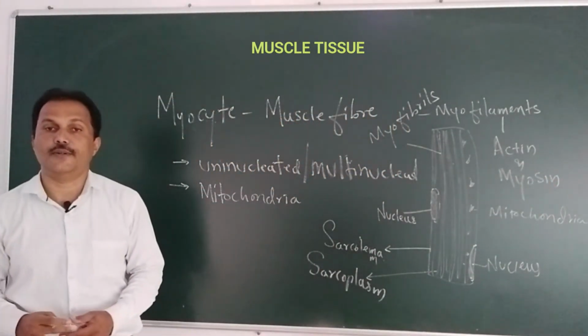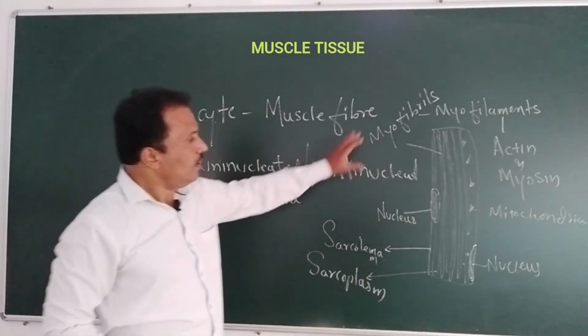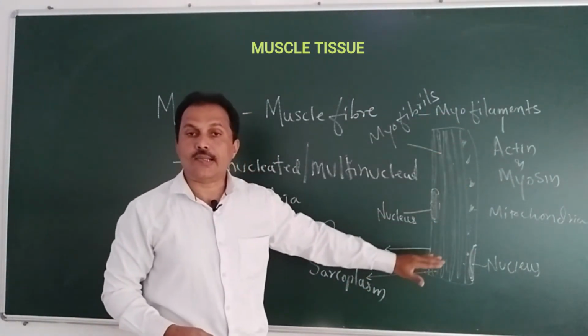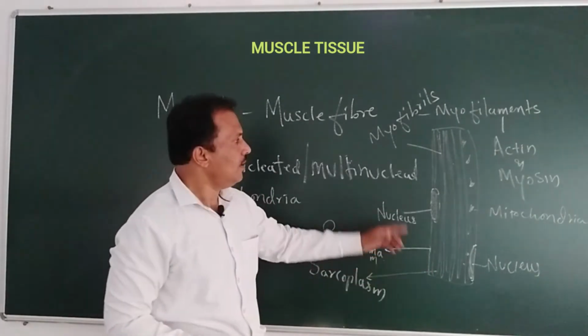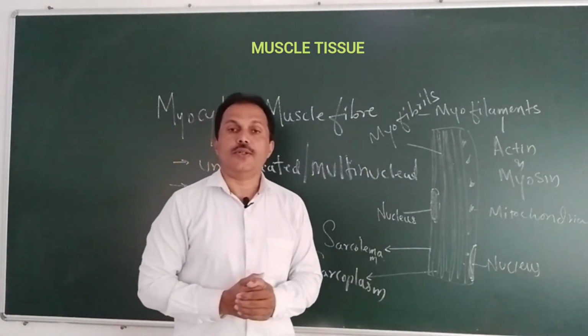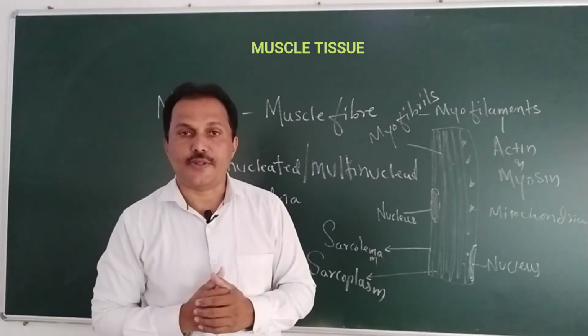So again, the sarcoplasm of the entire muscle cell is filled with myofibrils, contractile fibers, because of which the muscle gets the property to contract on stimulation.